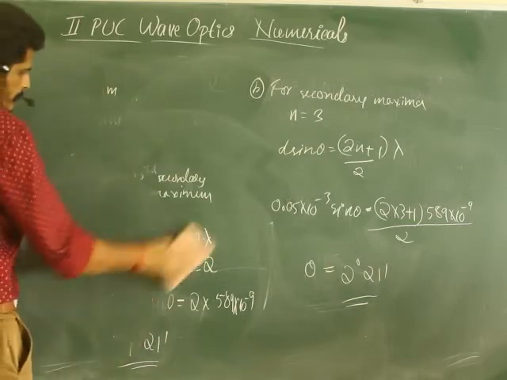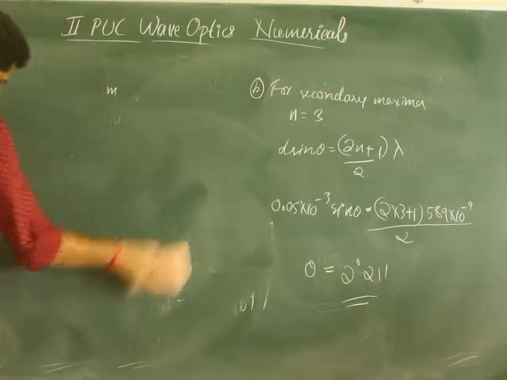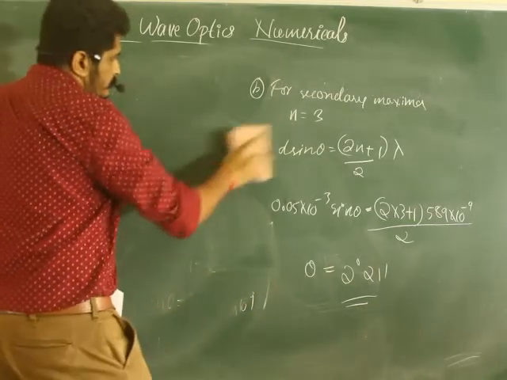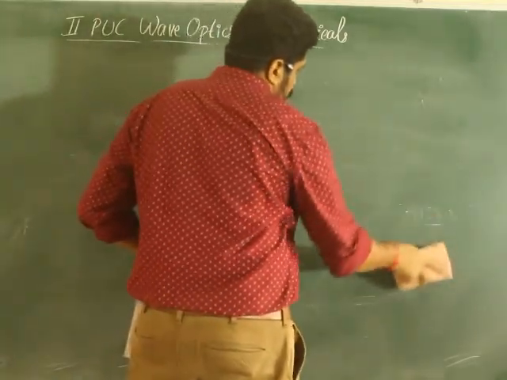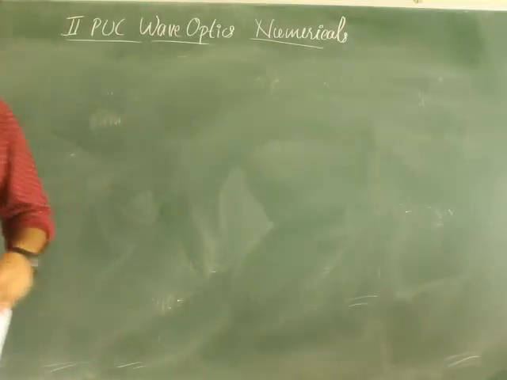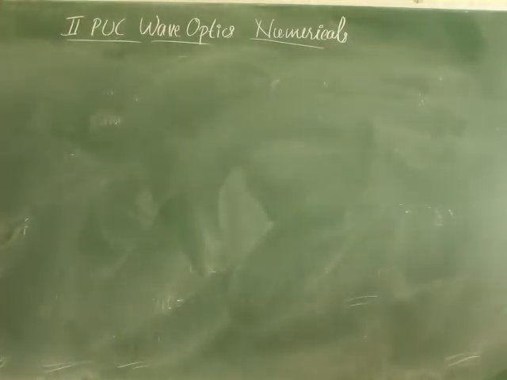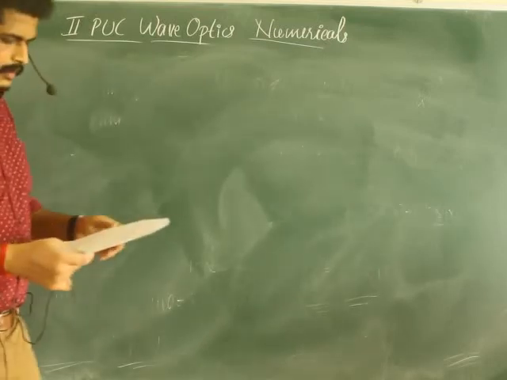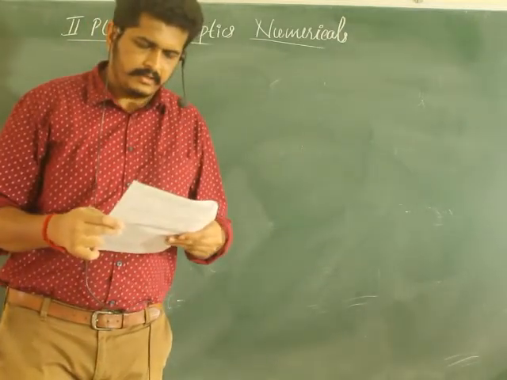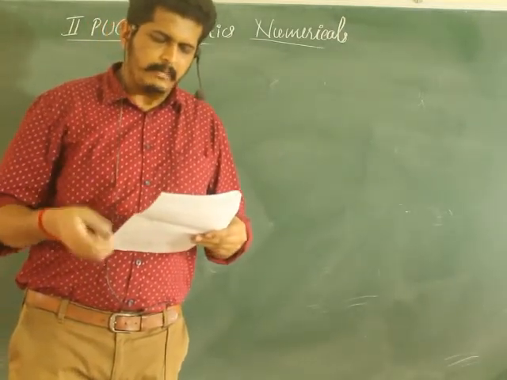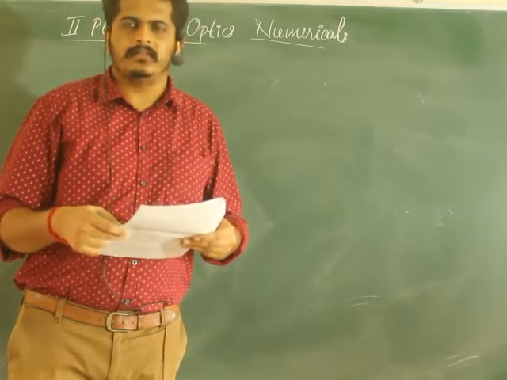Next, question is, assume light of wavelength 600 angstrom is coming from a star.